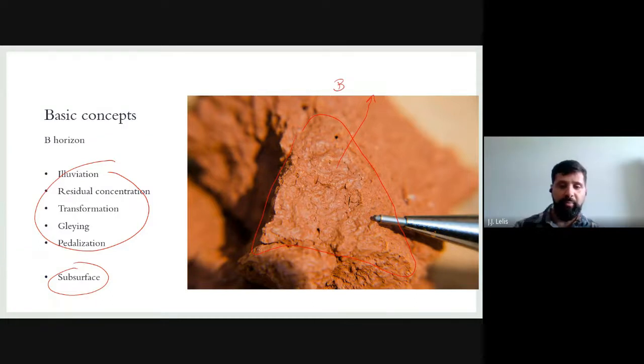Of course, we don't have this shiny ped surface in all B horizons. But if you have a horizon with a shiny ped surface, you can identify that you have clay eluviation, and so you have a B horizon, okay?